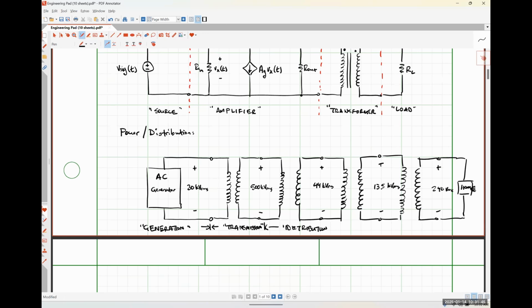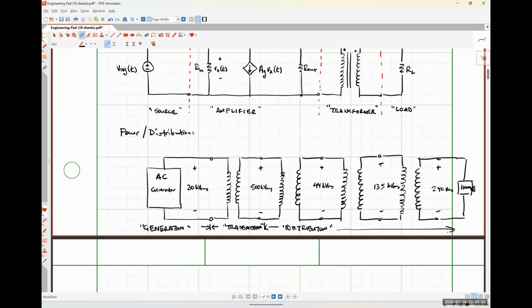And then to make it potentially more confusing, if you live in an apartment complex, instead of having 240, you probably have 208. That would be a 3-phase thing where you would have a 208 in a delta configuration, which looks like 120 in a wye, so that 208 line to line is the same as 120 line to neutral, effectively, which we talked about with 3-phase power a bit back in 280, and we'll revisit it here.